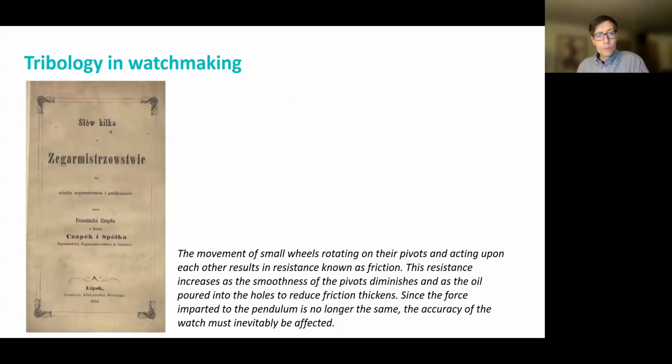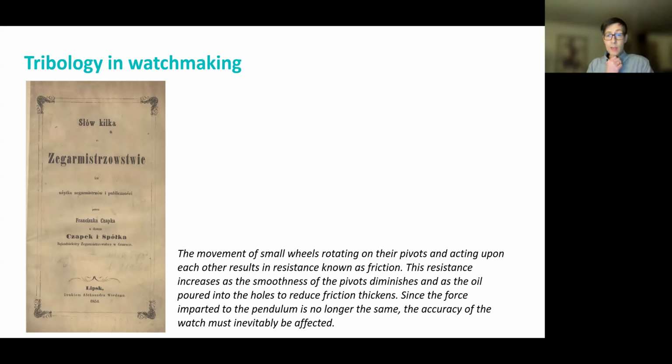So moving on to Čapek, I came across that publication by Franciszek Čapek, actually written in Polish. As we know, he was working very closely in early days with Antoni Patek, another Polish guy, and I think that is from the early collaboration. Čapek, who was originally from the Czech Republic, published in Polish.